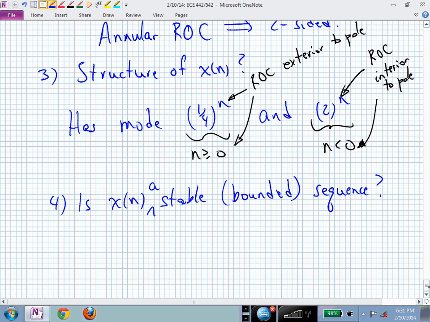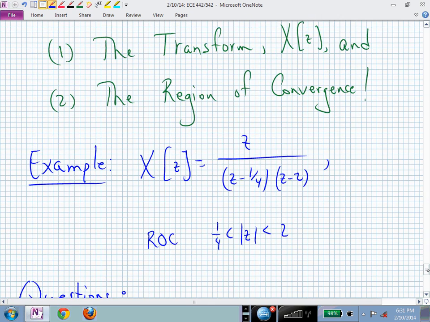Your region of convergence is bounded inside by 1/4 and outside by 2. The unit circle is contained in that region of convergence, which means what? It's bounded, isn't it, this waveform, even though it has a causal time sequence and a non-causal time sequence.